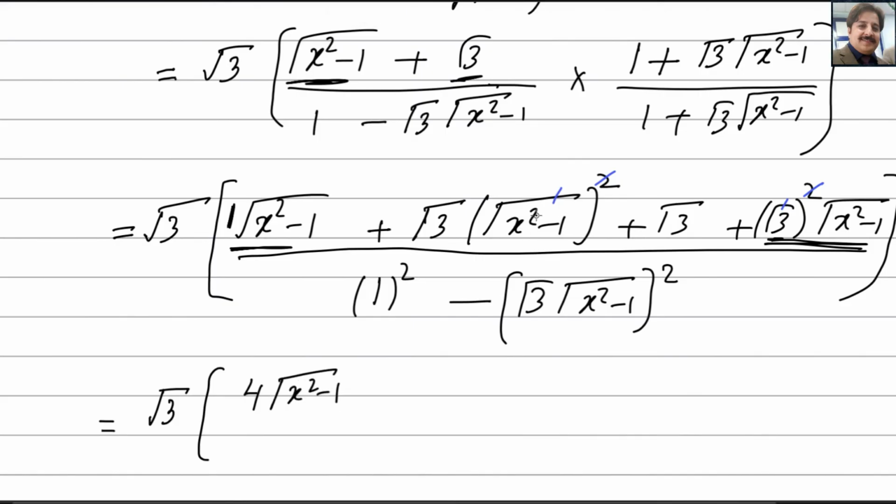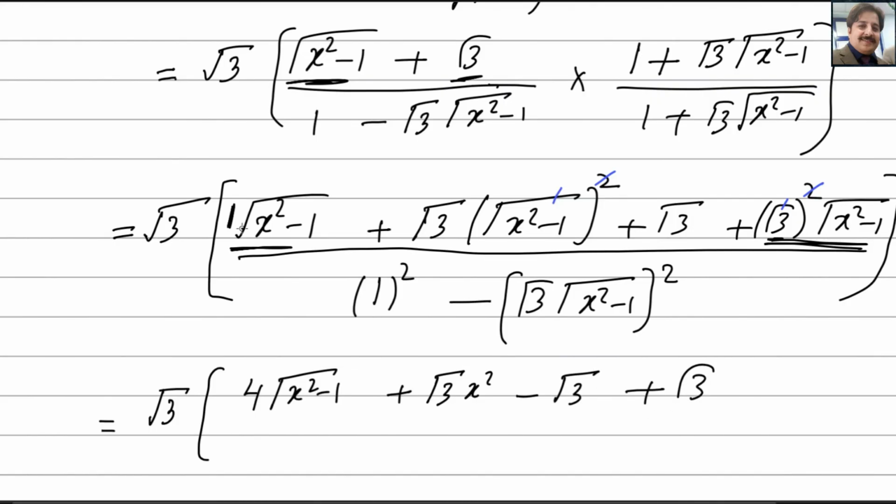We can simplify this one. This square root is cancelled out, so square root 3 will multiply with x square, we get the answer square root of 3 x square, and then this square root 3 multiplied by negative 1, we get negative square root 3 plus square root 3.